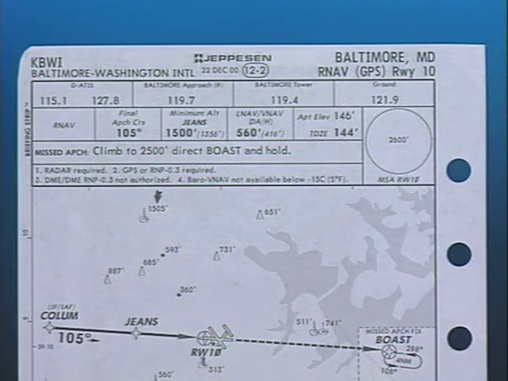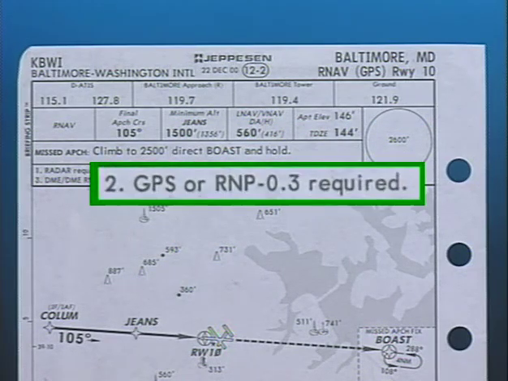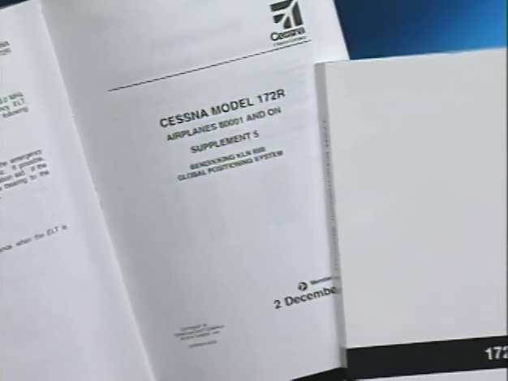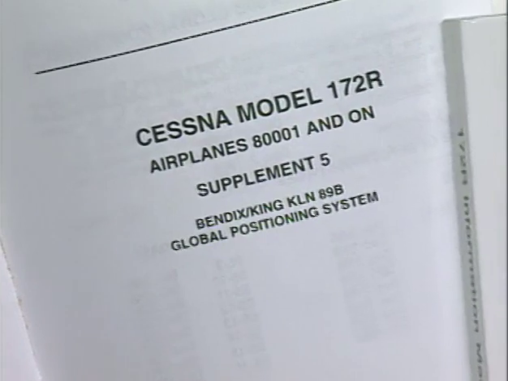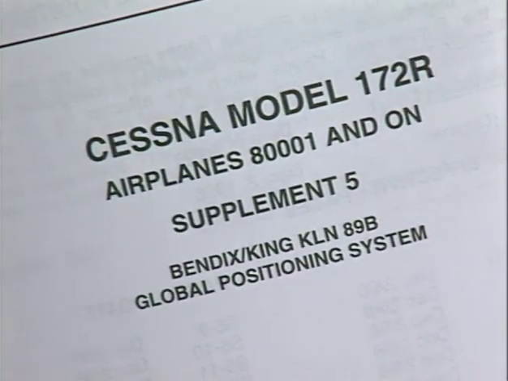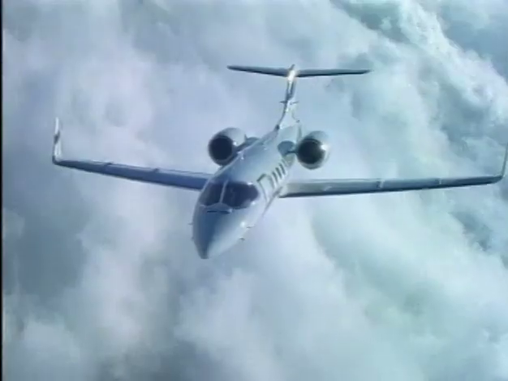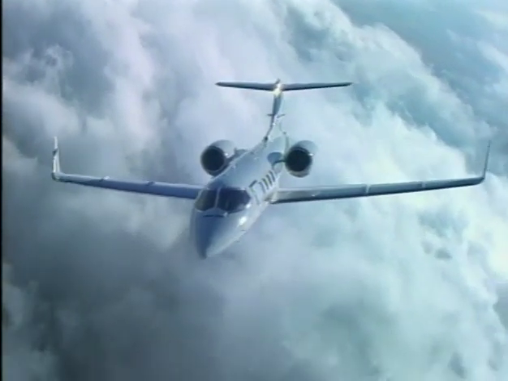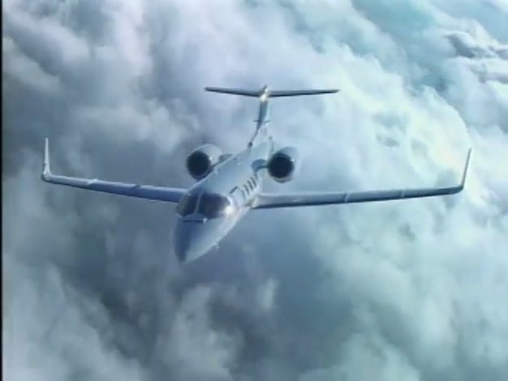For example, the Baltimore, Maryland RNAV GPS runway 10 approach chart includes a notation GPS or RNP 0.3 required. Aircraft that meet RNP criteria have an appropriate entry in the Aircraft Flight Manual or its approved supplement, including any conditions or limitations. The implementation of a worldwide RNP standard marks the beginning of a fundamental change in air navigation.